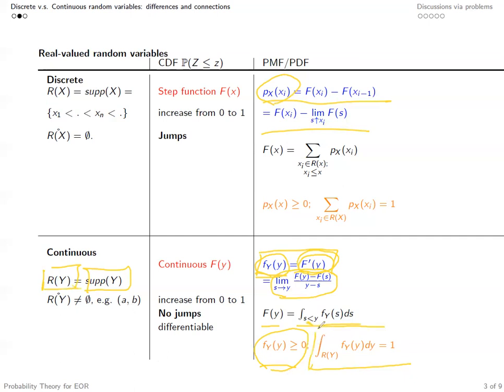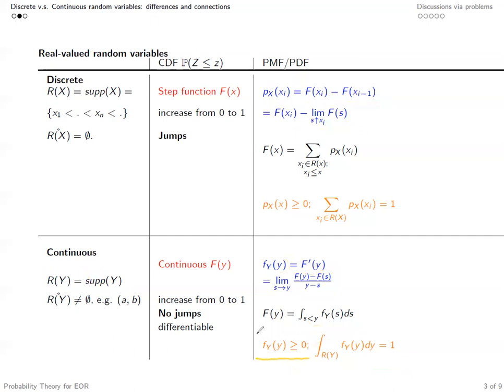And the Riemann integral of this density function from negative infinity to positive infinity is always 1. Or you can simply integrate over the support of the random variable, because everything outside of the support is simply 0. It doesn't matter what happens there.